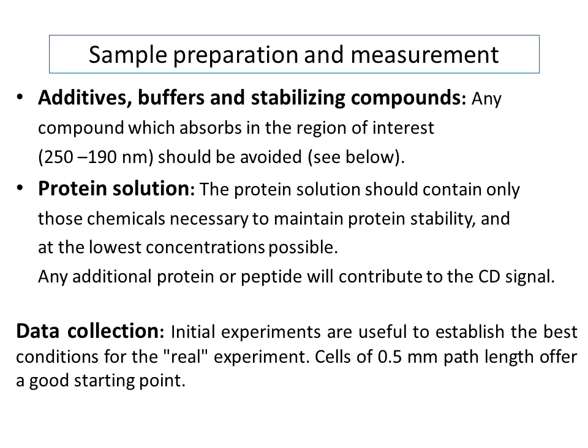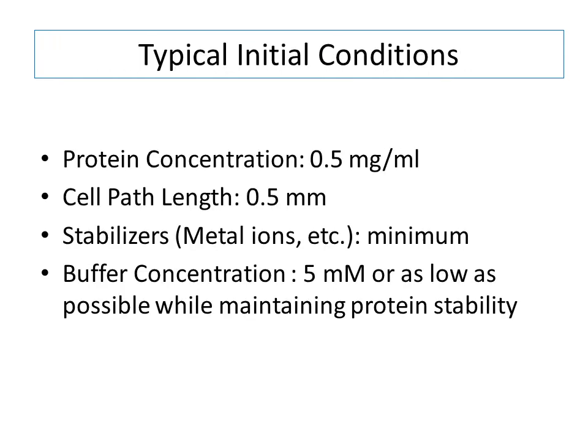For data collection, initial experiments are useful to establish the best conditions for the real experiment. Cells of 0.5 millimeter path length offer a good starting point. Typical initial conditions for circular dichroism are that the protein concentrations are quite dilute, 0.5 of a milligram per mL.